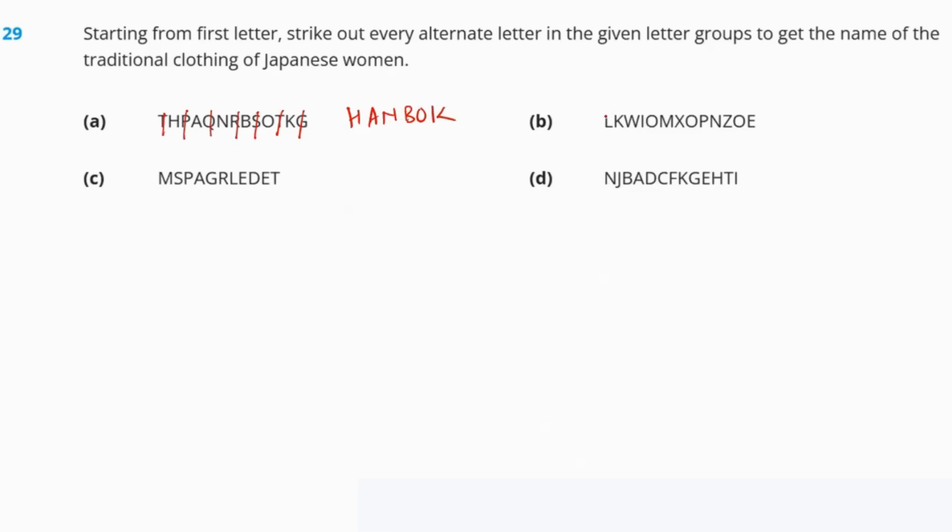Here we will get kimono, kimono. Then we will get sari, and we will get jacket.